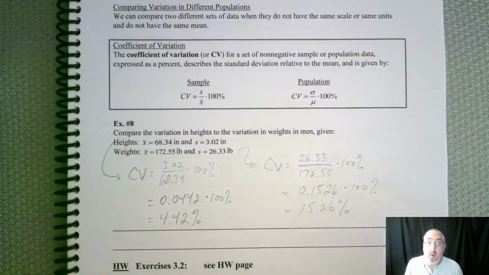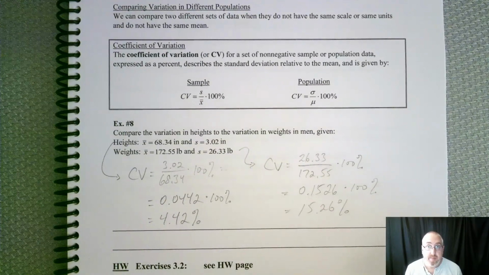So, what's your conclusion? Which one is more varied? The higher the percentage, the more the variation. That's the long and the short of it, pretty quick.